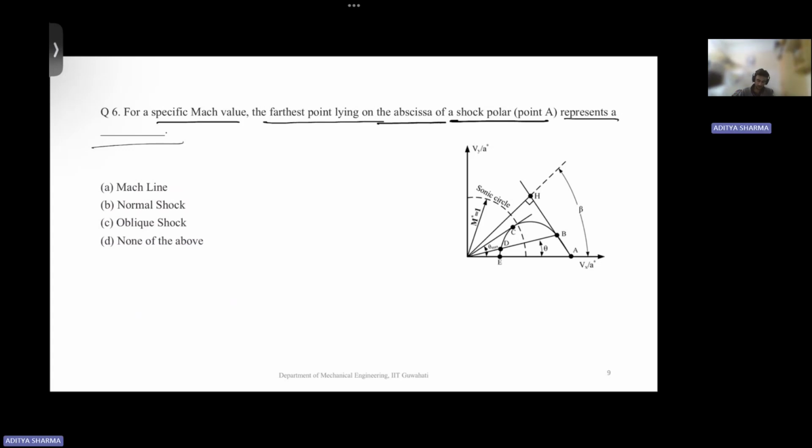So farthest point on abscissa, this is your abscissa, this is your ordinate, basically x-axis, y-axis. So farthest point is point A.